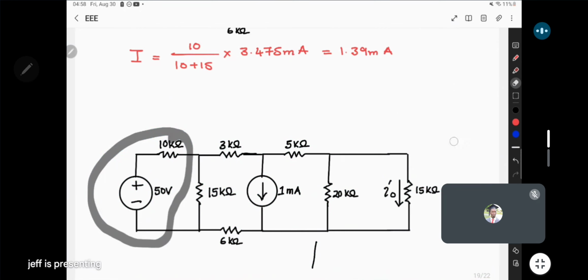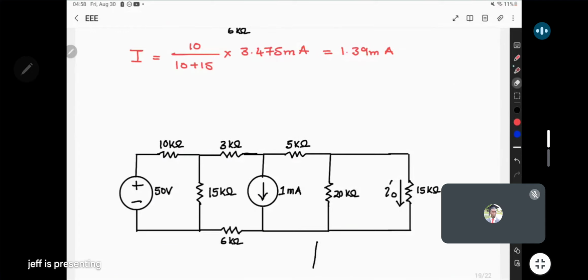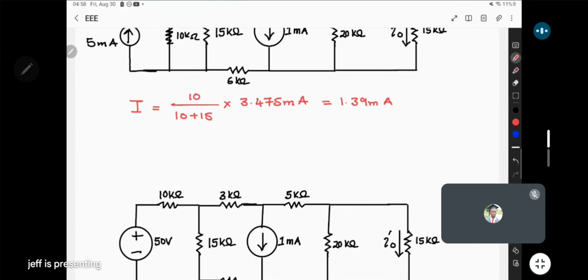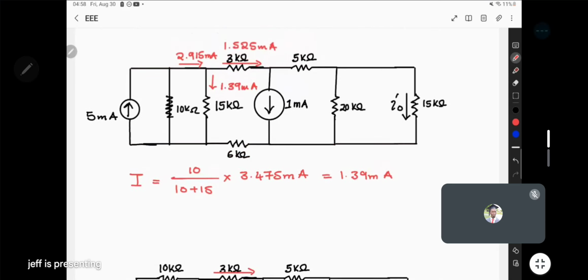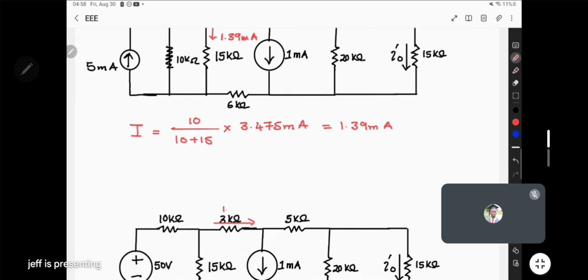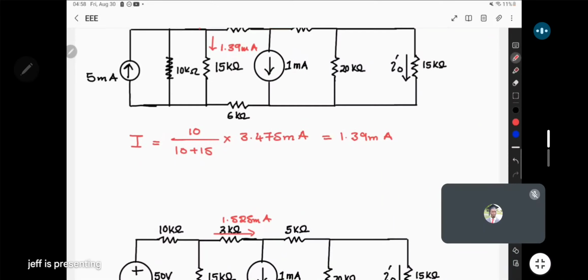Okay, so just the key ones. So this one here through the 3, we saw that was 1.525. Coming towards the 15, 1.39.